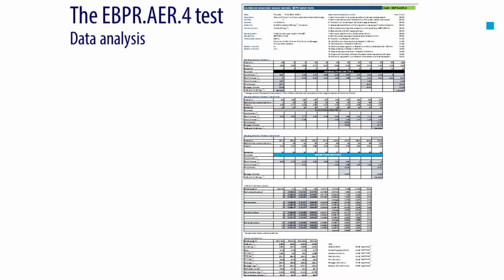After the execution of the test, the same working sheet used for the test execution can be filled out, with the analytical data determined for the different samples.